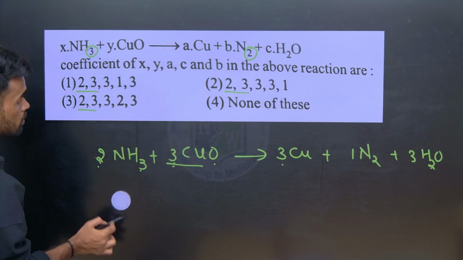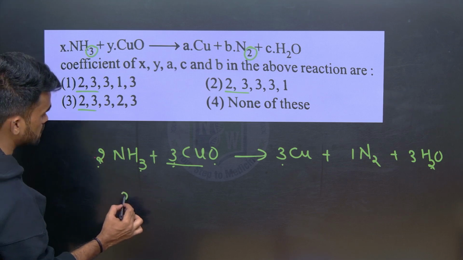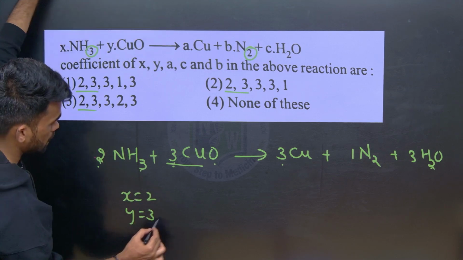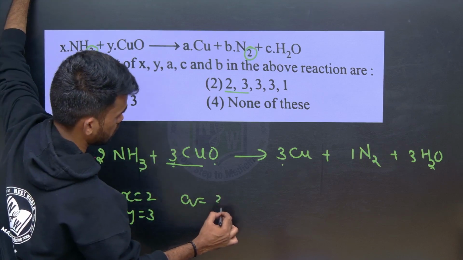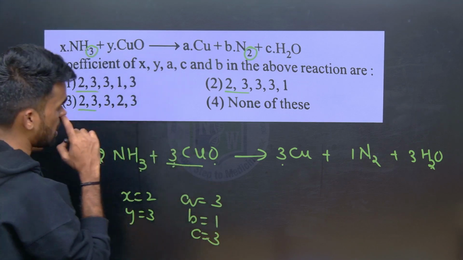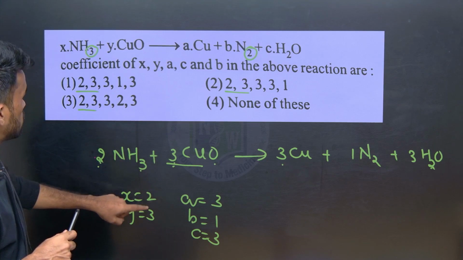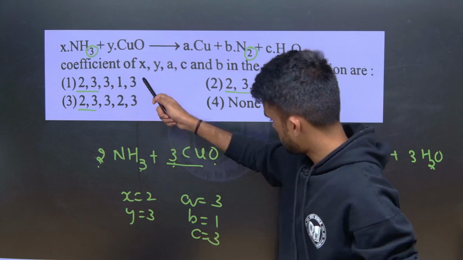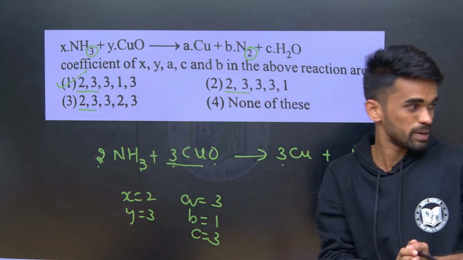So tell me, what are the options here we have? So X is 2, Y is 3, and A is 3, B is 1, C 3. So where do we have like this? 2 3, 3 3 and 1 3. So option 1 is perfect for this particular question.